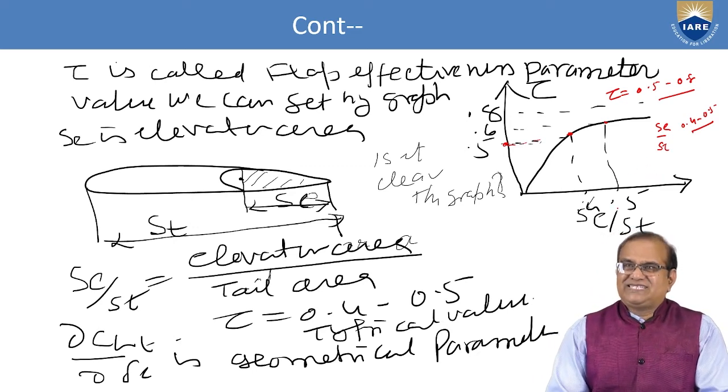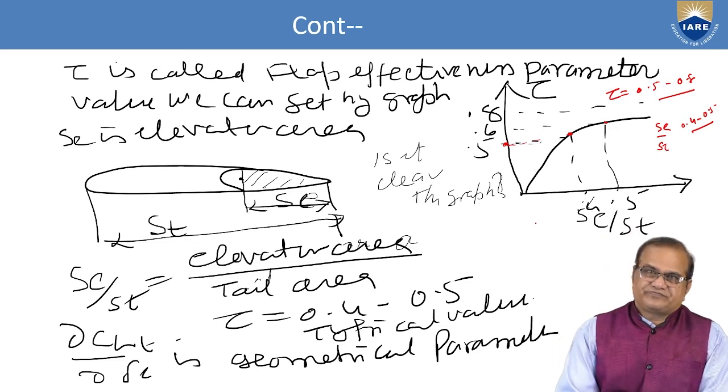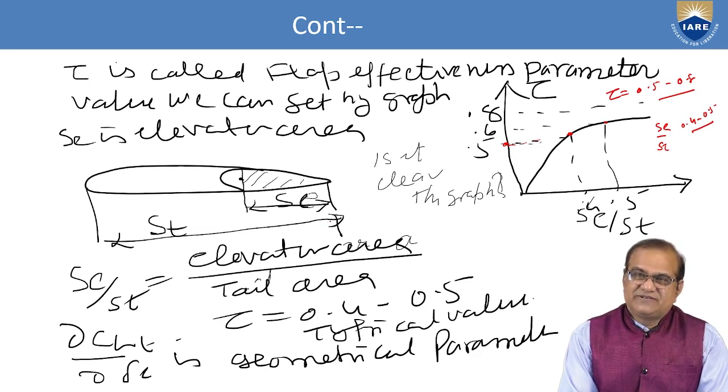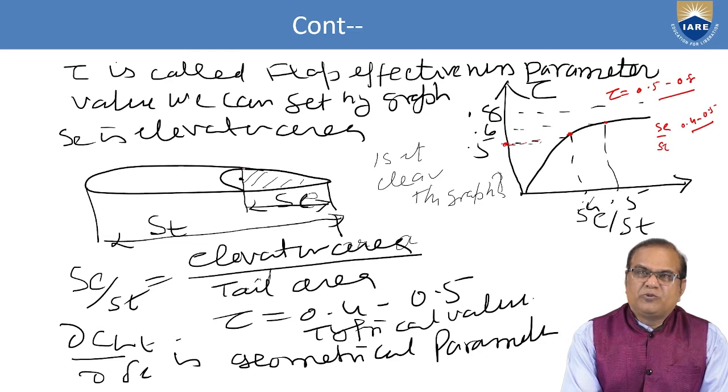And what is this SE by ST? This is the total area of the tail including the elevator. This is called the elevator area, and this is called the tail area. From the hinge line you draw a line like this, and this area which I am hatching here is called SE, the area of the elevator.